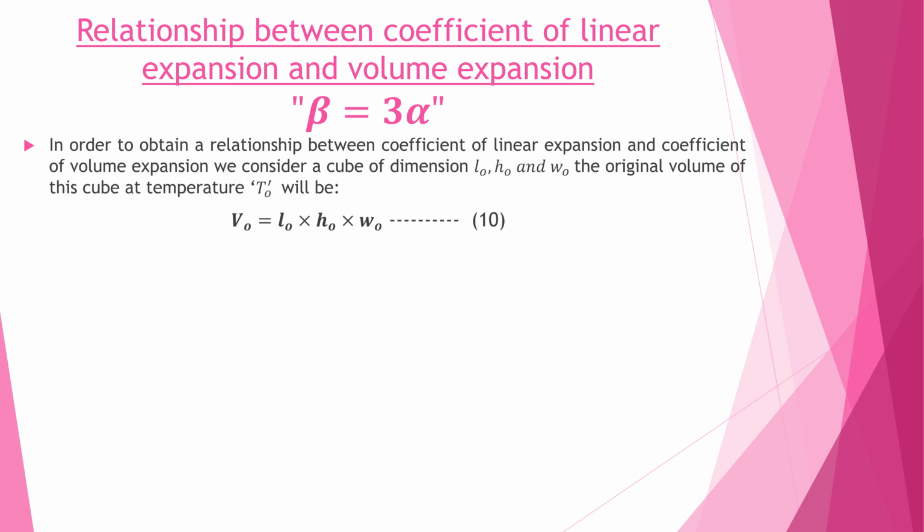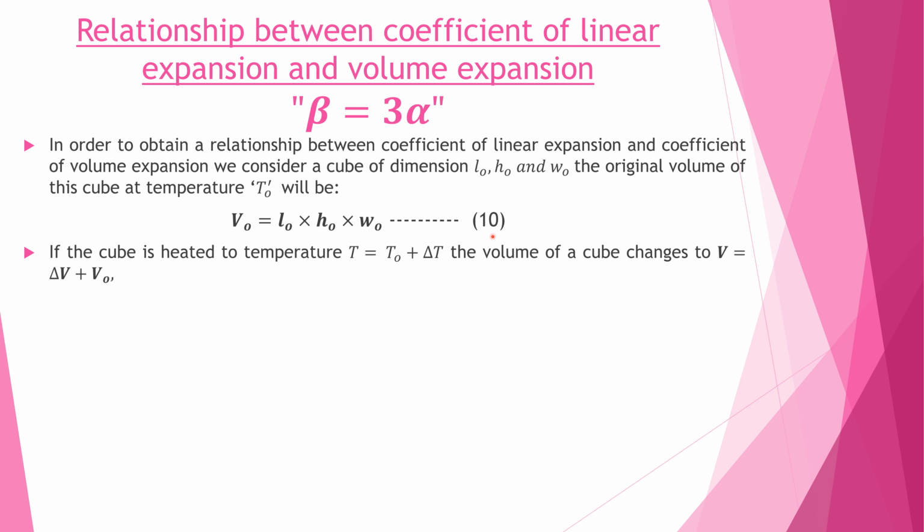So for that, in order to obtain the relationship between coefficient of linear expansion and coefficient of volume expansion, we consider a cube of dimension L naught, H naught and W naught. The original volume of the cube at temperature T naught will be V naught is equal to L naught into H naught into W naught. I mark it as equation number 10.